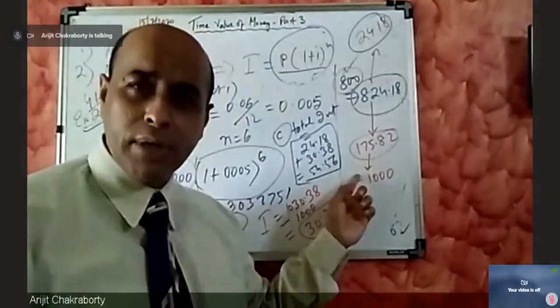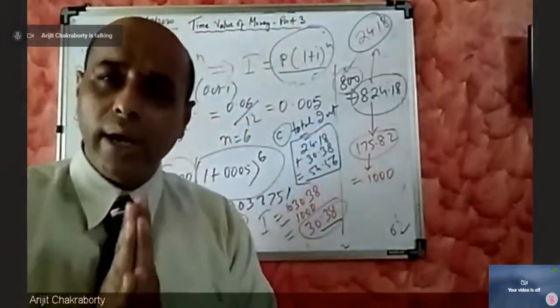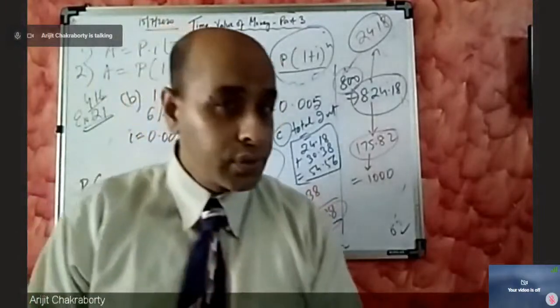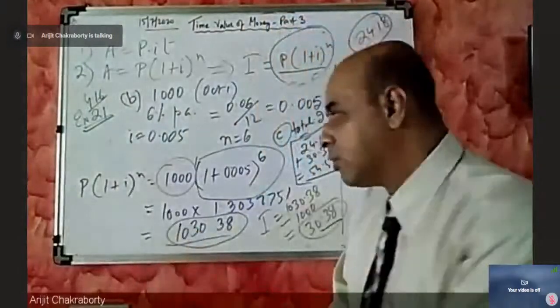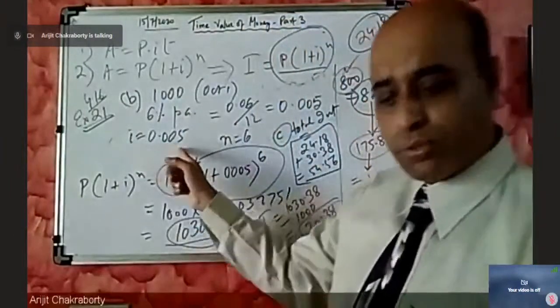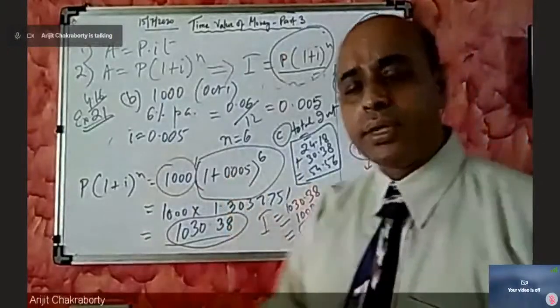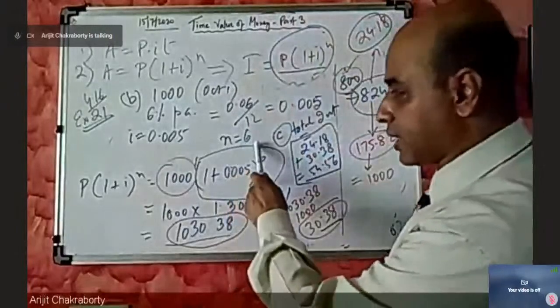He put the 1000 rupees into a 6-month time deposit at 6% interest with monthly compounding. We found the monthly interest, which was 0.005, and the conversion period, n equals 6.